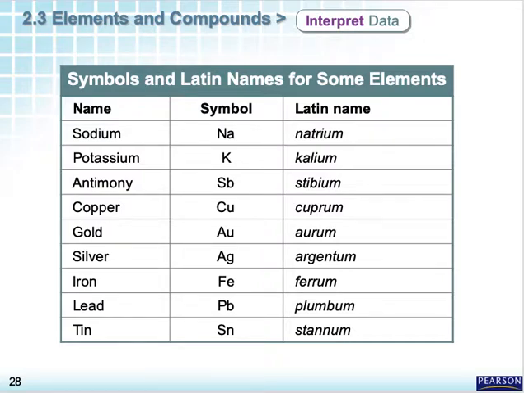Potassium is K, antimony is Sb, copper is Cu, gold is Au, silver is Ag, and I am going to insist that you know all of this table, so please make sure that you write these down and start practicing them. They will appear on your next test and every test after that. So Pb is lead, Sn is tin, and it comes from, as I said, the Latin, not from the English.